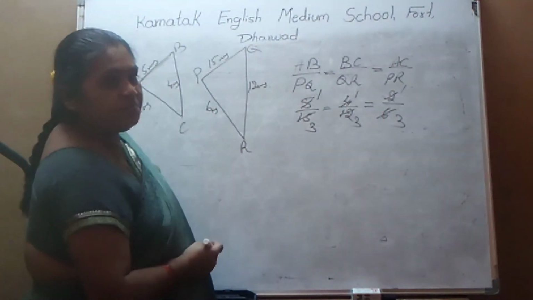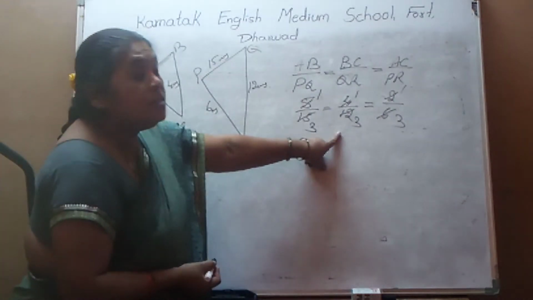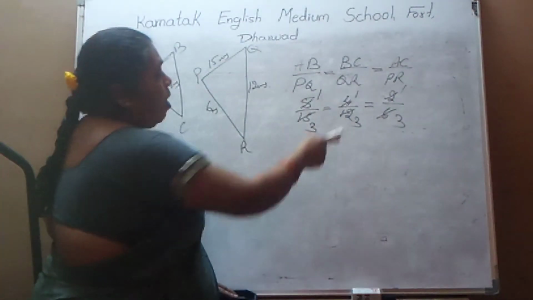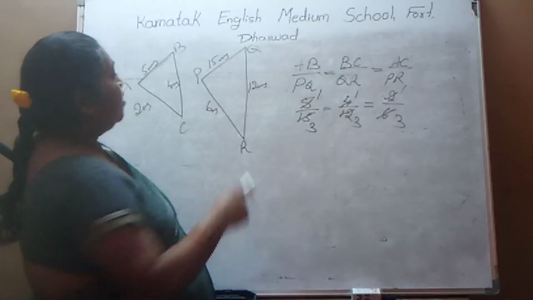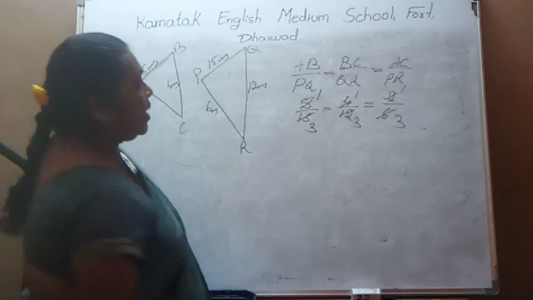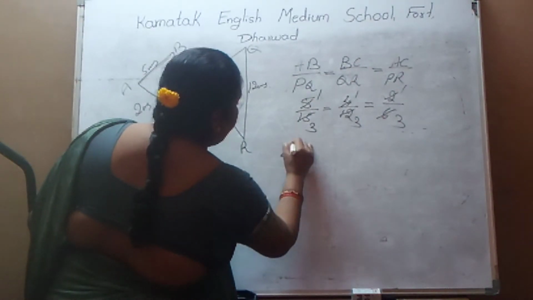Observe here. All the sides are in the same ratio. So, therefore, these two triangles are similar. How can you write it symbolically?